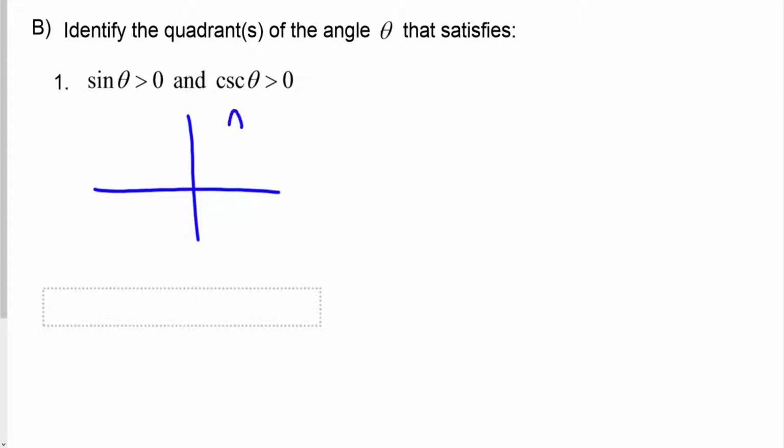So remember, all students take calculus. So all sine, tangent, cosine. So if sine is positive, we could be in quadrant 2, but we could also be in quadrant 1 because sine's also positive there. Cosecant is just the inverse of sine, so it would kind of follow the same pattern. So this would be quadrant 1 or 2.